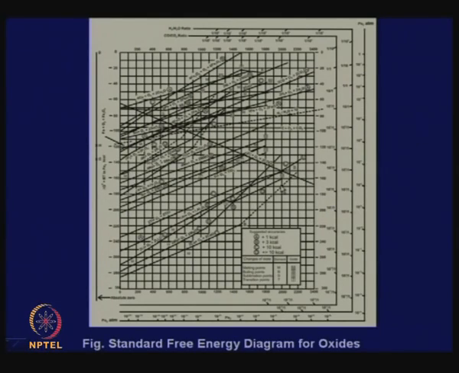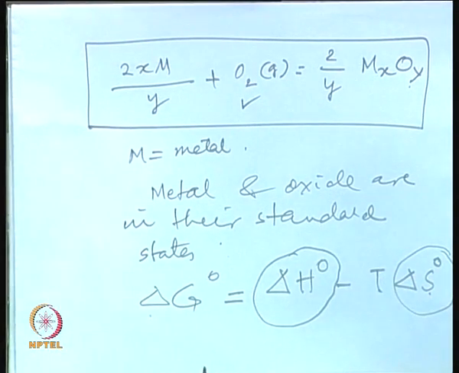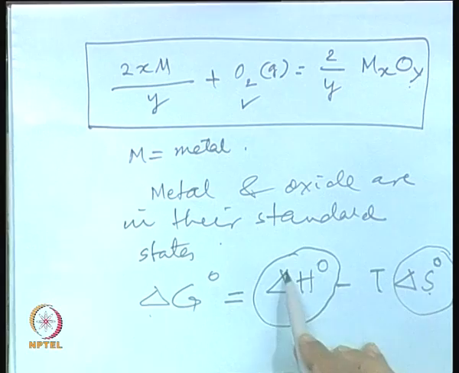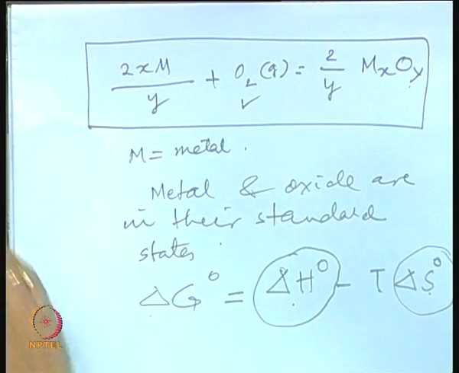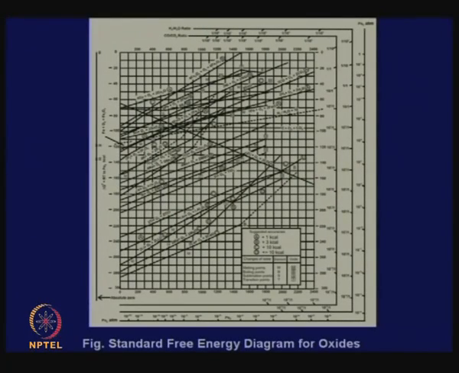This is explained by a heat of melting of the metal or the oxide, because if there is a melting of the metal or melting of the oxide that is being formed, then the slope will change, because this value will change, the intercept value will change. So, you must understand, in some cases it should go up and in some cases it should go down. If the oxide was to melt, the slope will go this way.